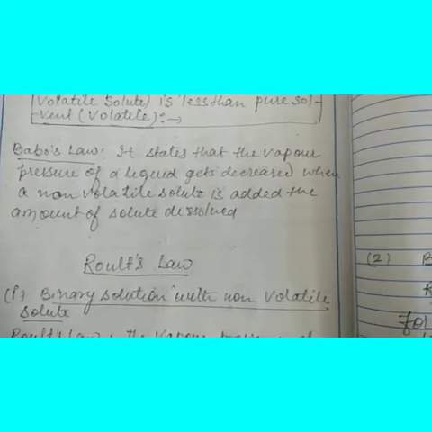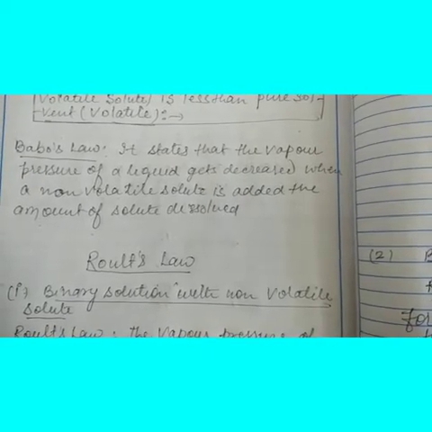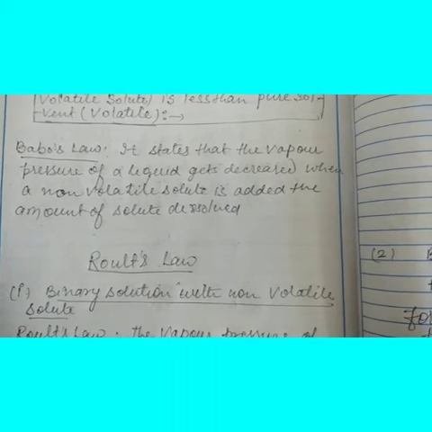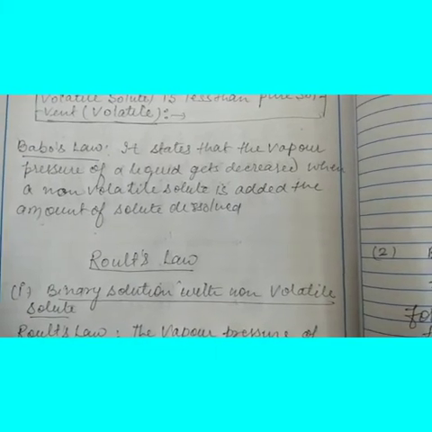So the volatile solvent does not change into vapor form, and its vapor pressure is decreased.